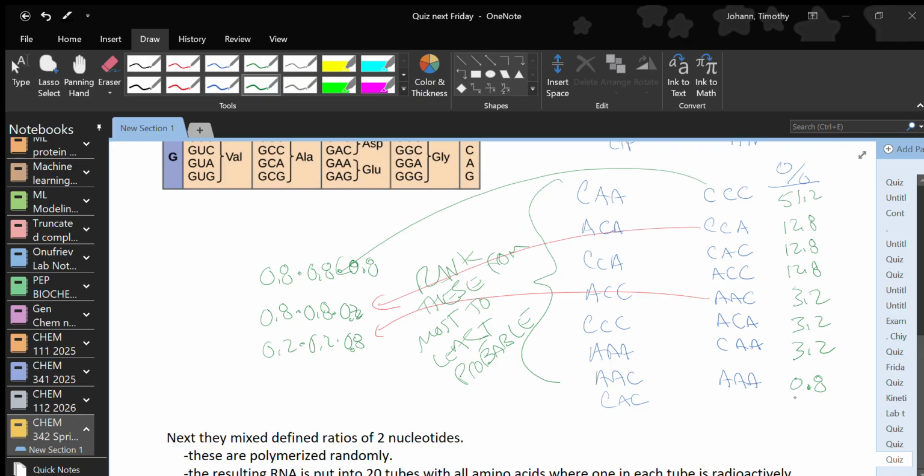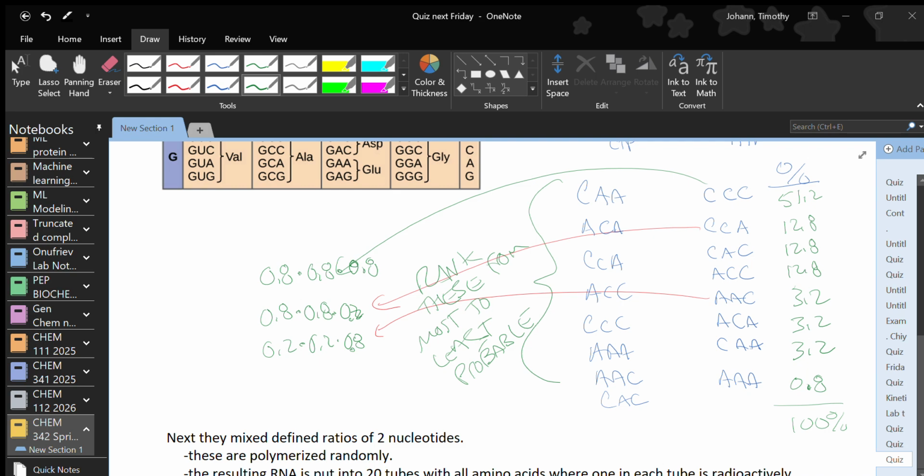So in determining what the codons were, you could decide what's most common and least common, but if you're doing your experiment carefully, you can quantitate how much radioactivity is in each of those tubes, do it as a percentage, and determine what some of these were likely to be.